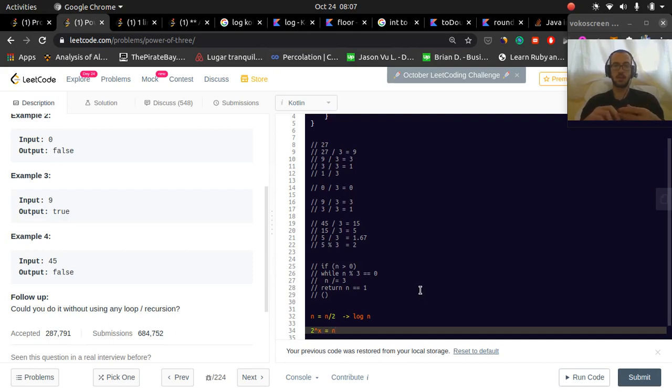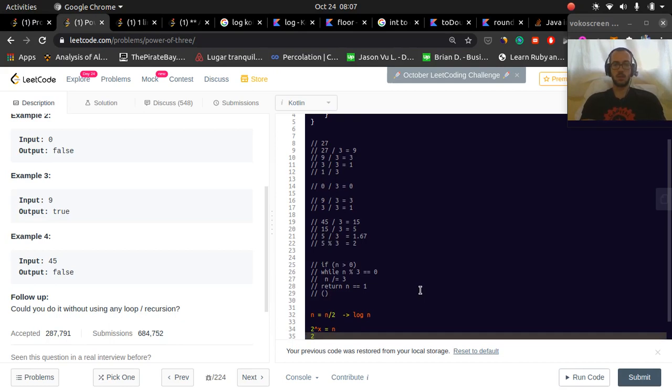Or 10 to the x equals n. Two to the what equals 1/2 n. 2 to the y equals n over 2.